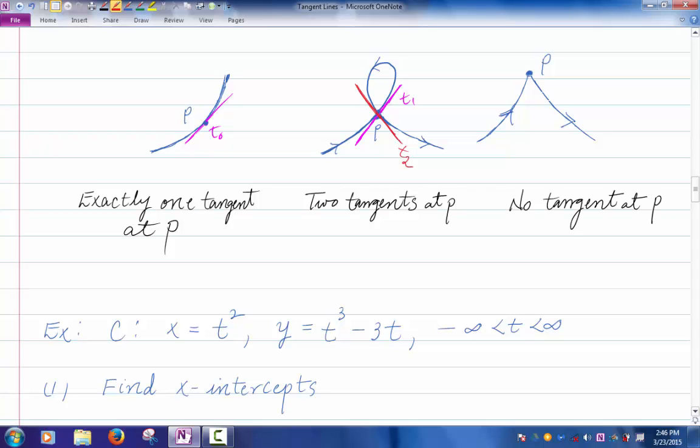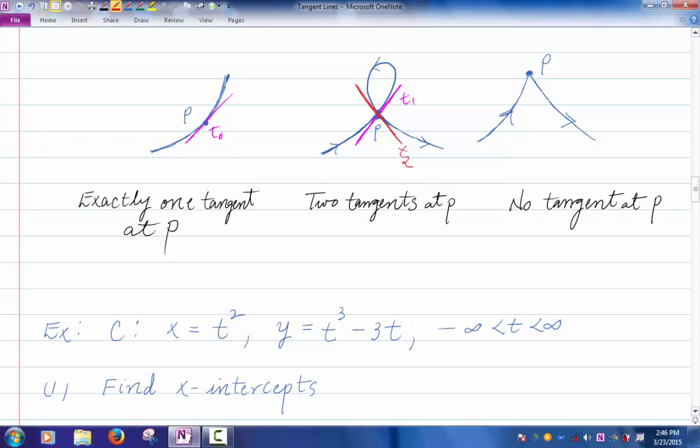Because the velocity at P at two distinct times could be different. Is that okay? However, you also might have a situation where you have a point P where the curve makes a sharp corner. In that case, you will have no tangents. The tangent line does not exist at the point P.